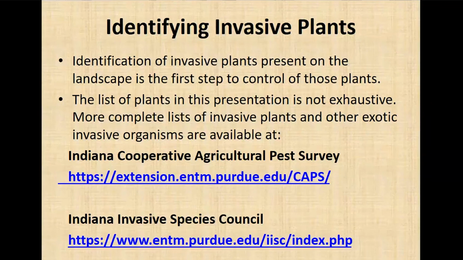So the Indiana Cooperative Agricultural Pest Survey has a nice listing, and then the Indiana Invasive Species Council is a really nice clearinghouse for all things invasive here in Indiana. And so both of those are good references for getting good lists of what we find here in Indiana that's classified as invasive.